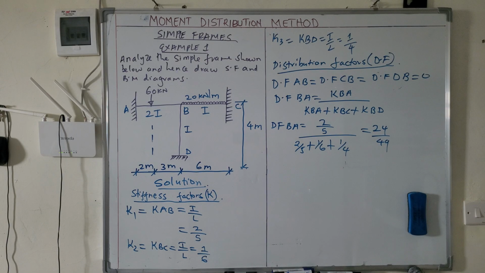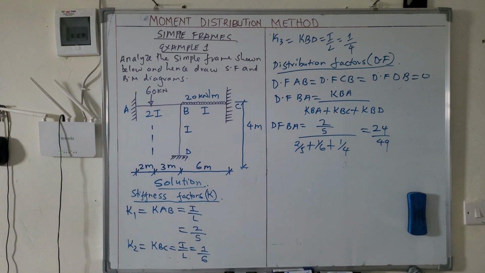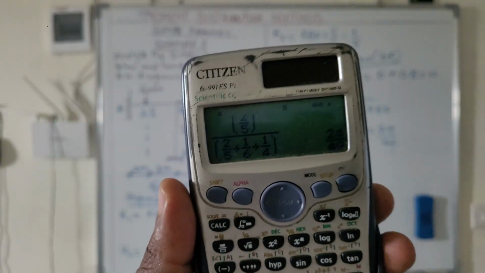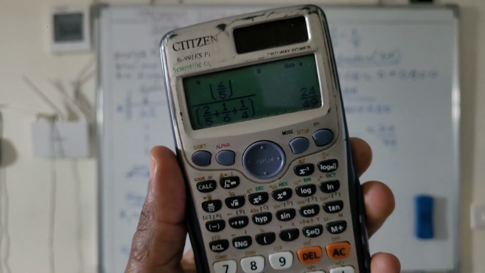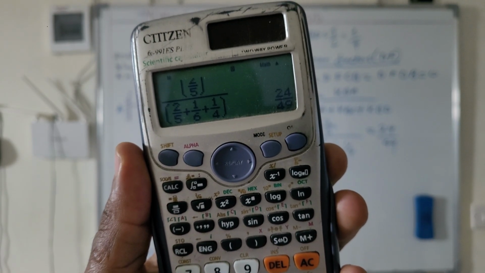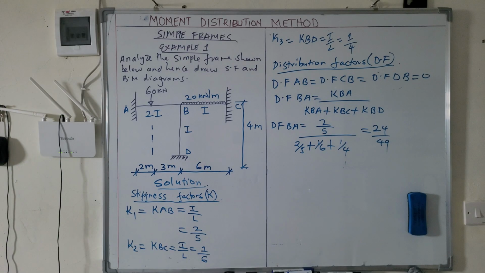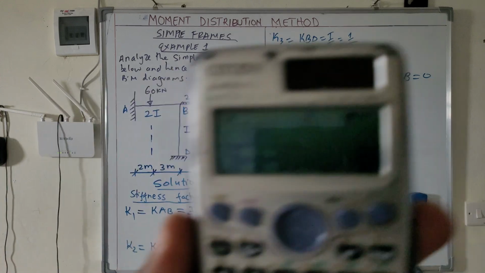So use fraction and not decimal places. And if you are using such a calculator, it is easy to get your answer in fraction and not in decimal places. So we have some other calculator like the high school calculator FX82. It will give you your answer direct in decimal places. So buy such a calculator.